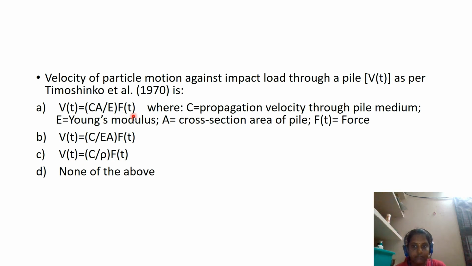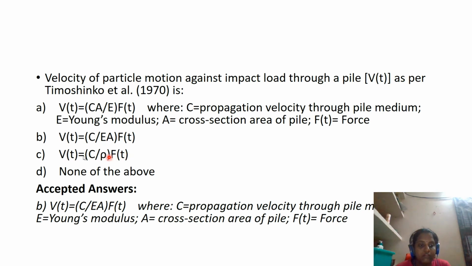F of t is your force, C is your propagation velocity through the medium, and E is Young's modulus. V of t equals C by EA into F of t, or V of t is C by rho F of t. So the answer is going to be B, that is V of t equal to C by EA. C is your propagation velocity divided by your Young's modulus and area of cross section.